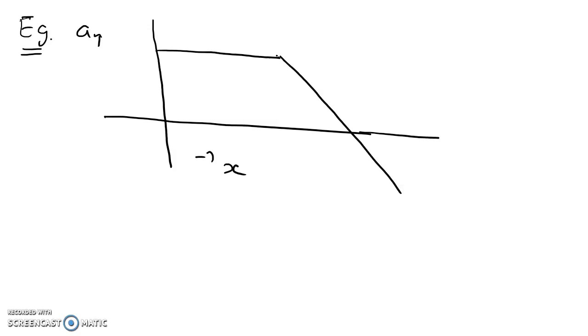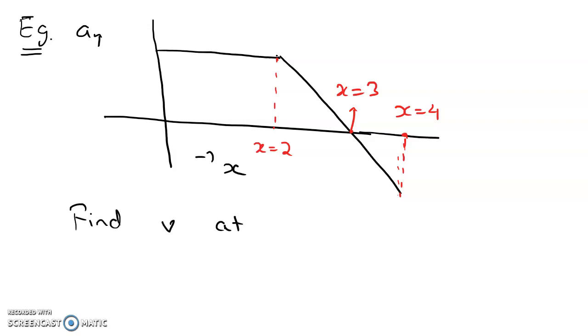So this is x equal to 2, this is x equal to 3, and this is x equal to 4. What I need to find here is the velocity at x equal to 3. Now this is the question.